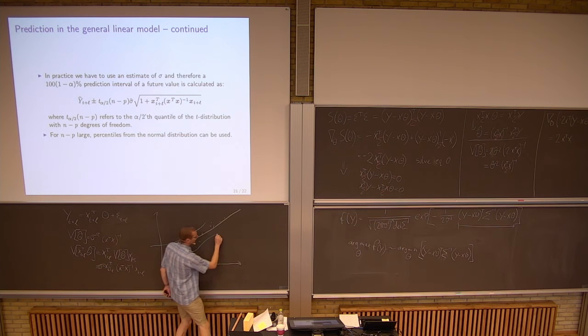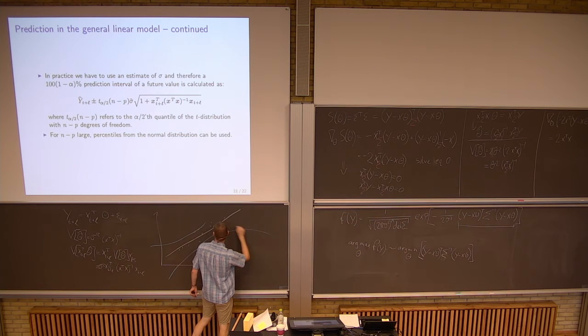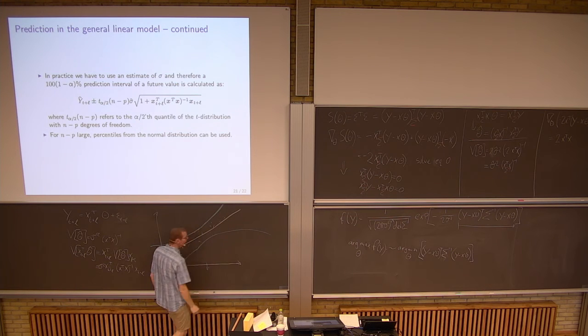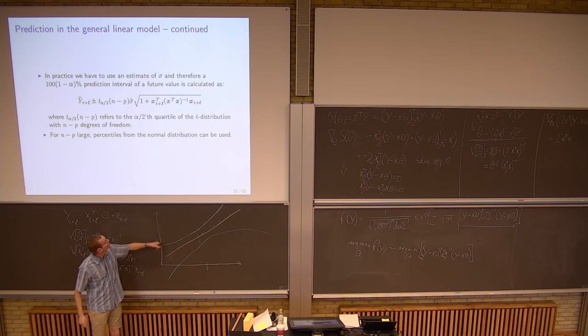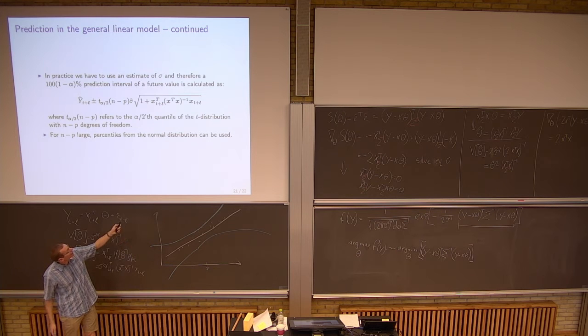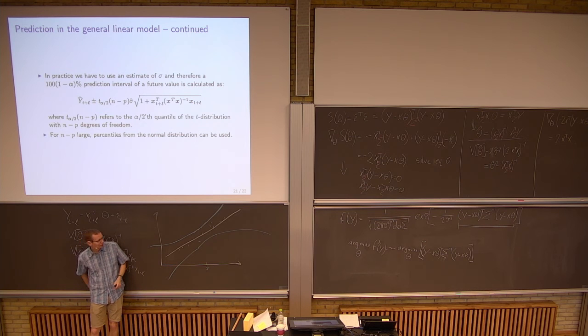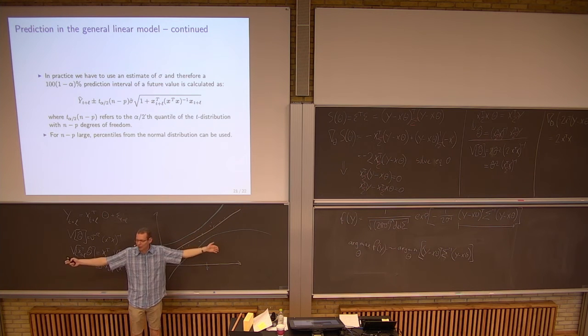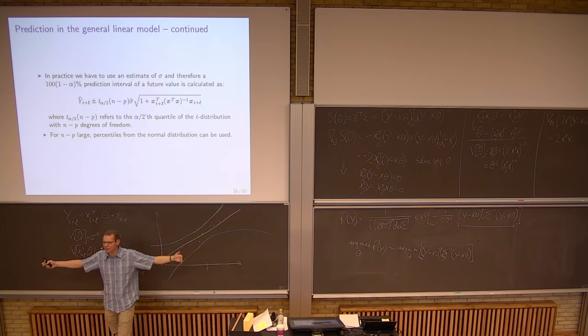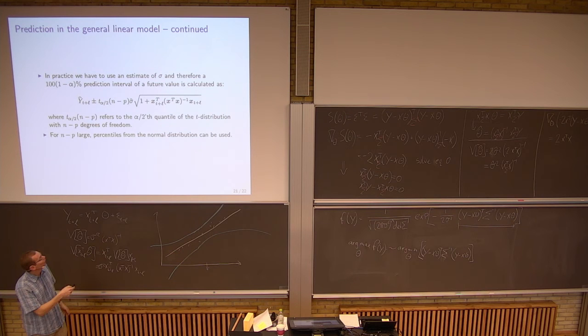Now I'll over-exaggerate a little bit. What shrinks this variance is if x transpose x is large. That means if the values that you have in x are spread out, then you get more information. Then you reduce this contribution.